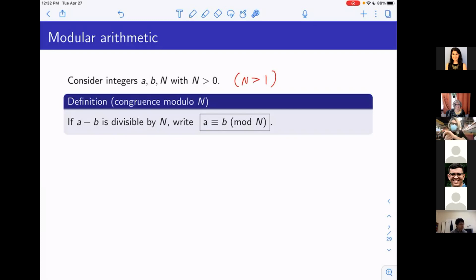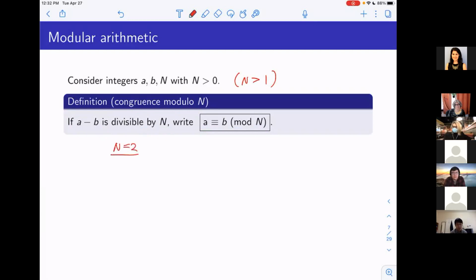The basic definition of congruence modulo n is pretty simple. You consider two numbers congruent if the difference is divisible by n. In that case, you write a is congruent to b mod n. The simplest example is when n is 2.